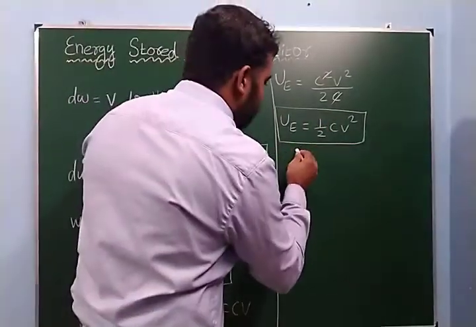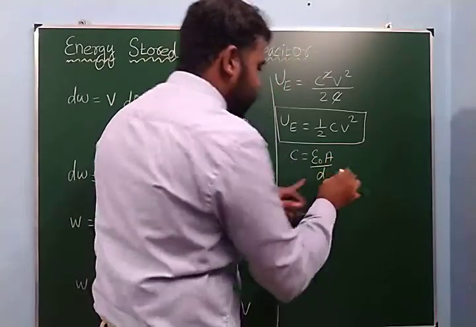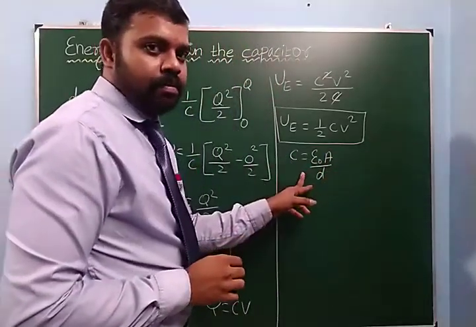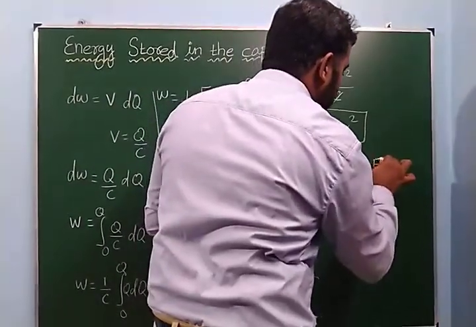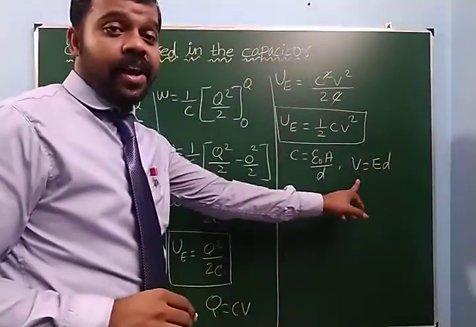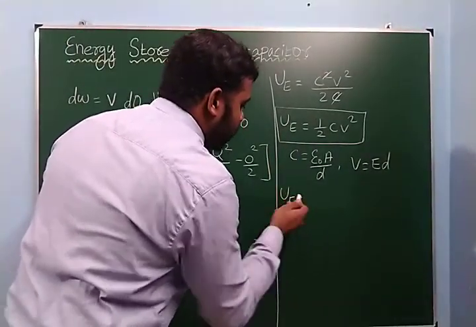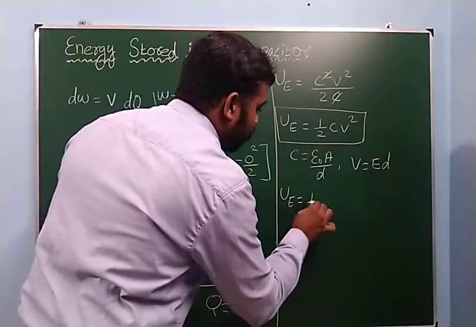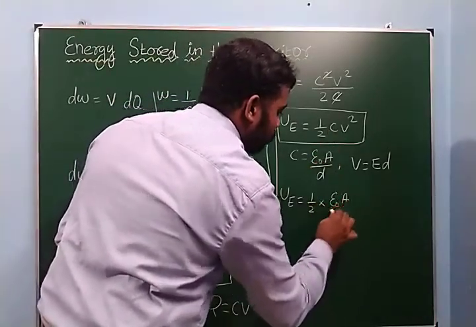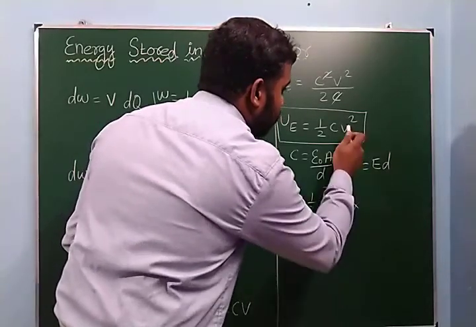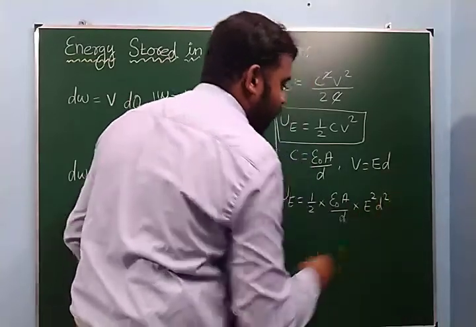We know the familiar equation C is equal to epsilon naught A by D, the capacitance of the parallel plate capacitor. In the derivation we have seen V is equal to ED, from the potential gradient equation. Substituting here, the electrostatic energy U is equal to 1 by 2, what is the C value, epsilon naught A by D, into V square, which you can write as E square D square.